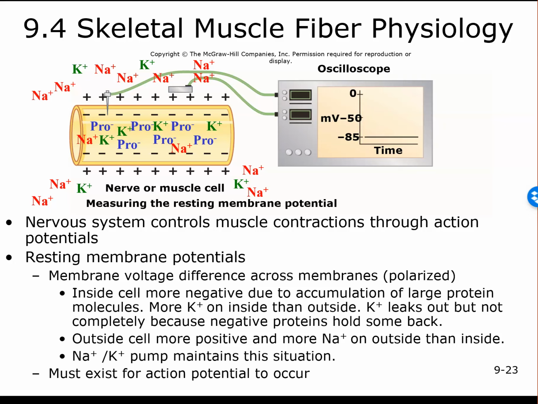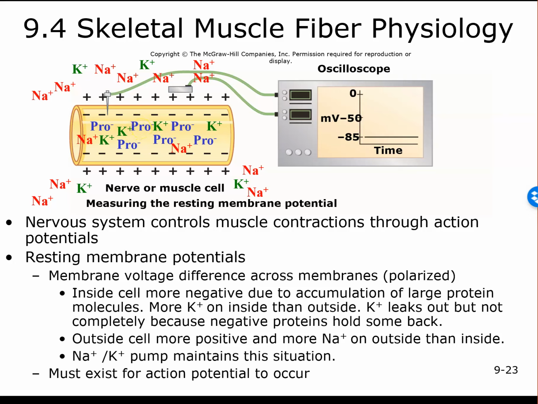They are polarized, meaning the inside of our cell is more negative because we've got a large amount of negatively charged proteins. And we've also got more potassium on the inside than our outside. The extracellular fluid is going to contain more sodium ions, and we will have some potassium that'll leak out, but not completely because we also have open leakage channels that will allow it to move back in to its negative proteins.